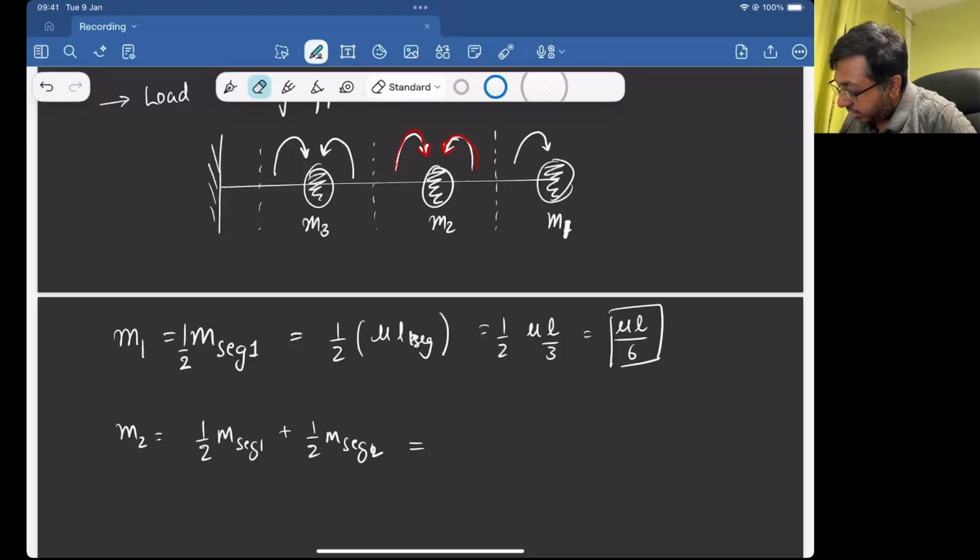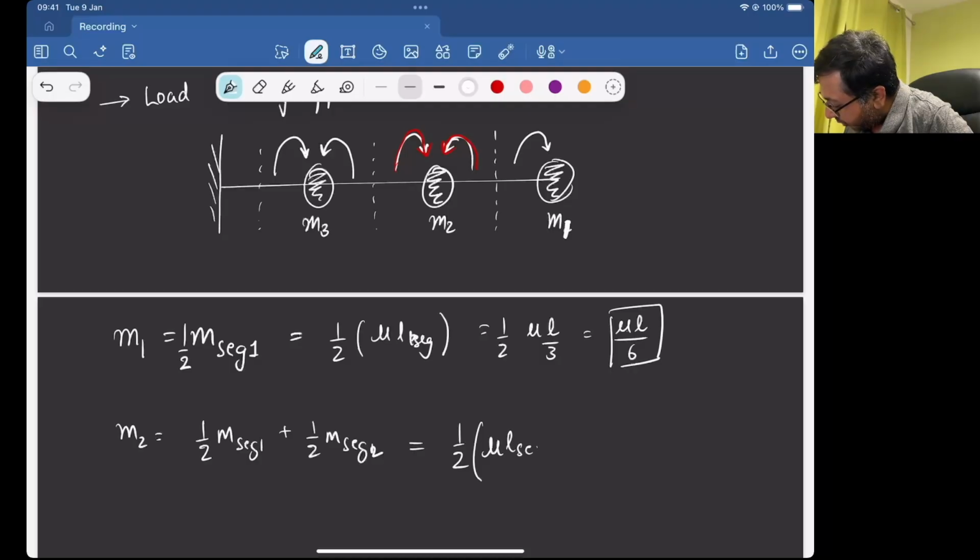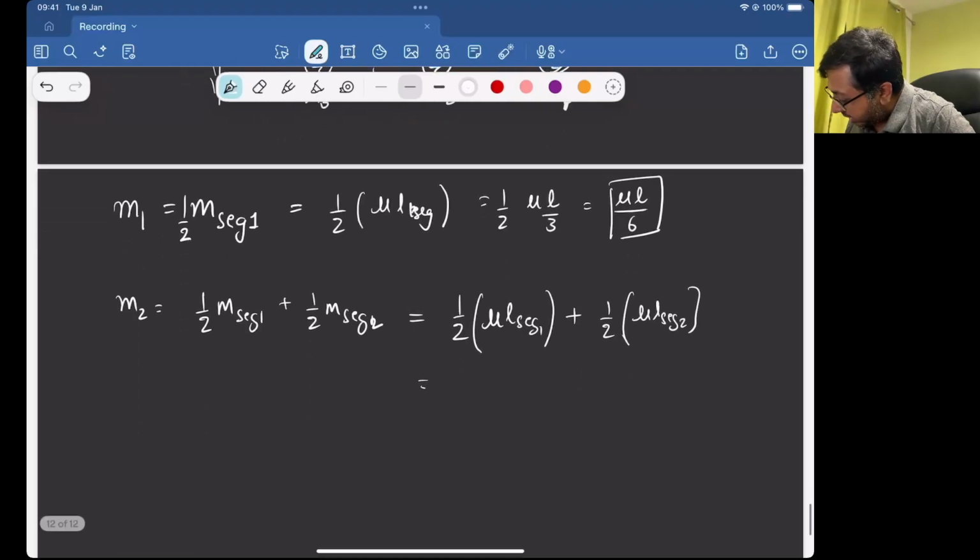Let's rewrite this. I get half of mu into the length of segment 1 plus half of mu into the length of segment 2, and that is nothing but half mu into L by 3 plus half mu into L by 3, that is nothing but mu L by 3.